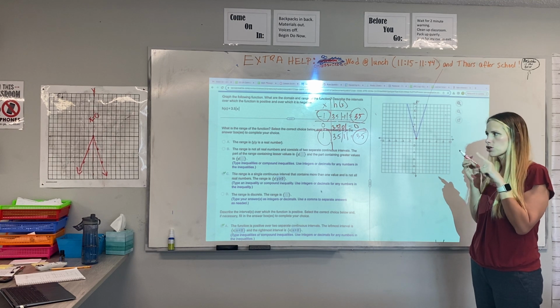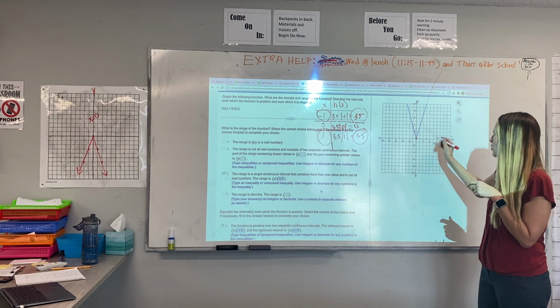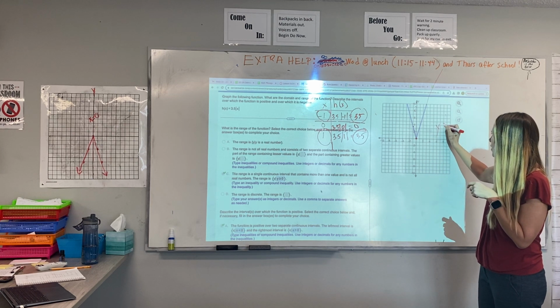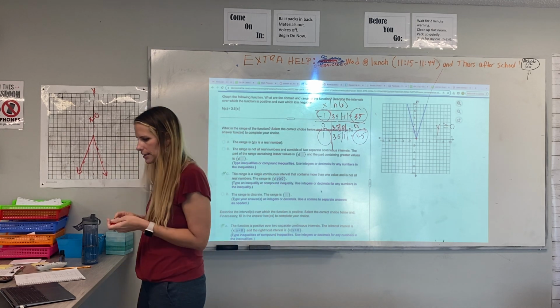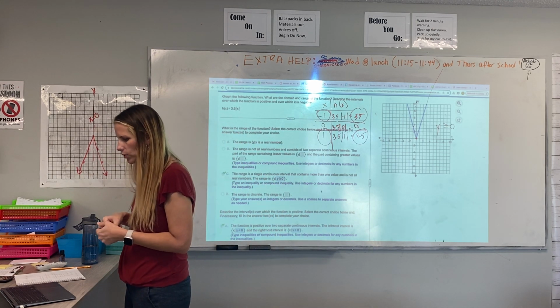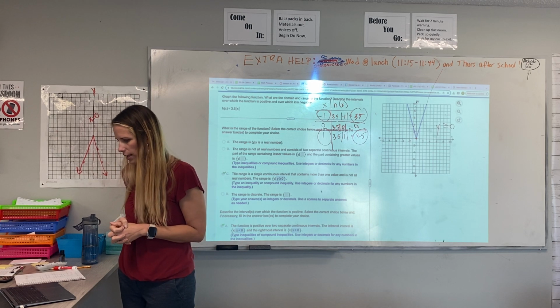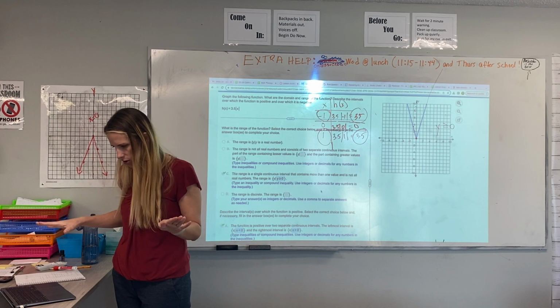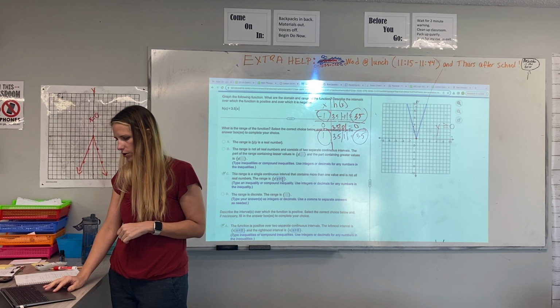It's very similar to what we wrote for the other one. y is greater than or equal to 0. So it would be a single continuous interval that contains more than one value, but it's not all real numbers. It would be y is greater than or equal to 0.